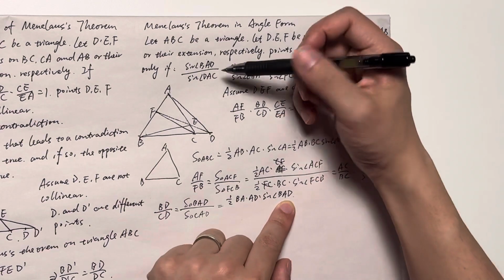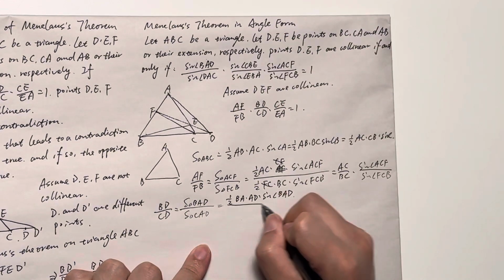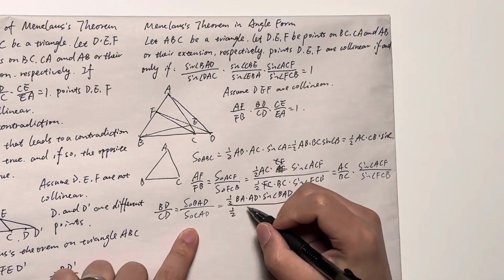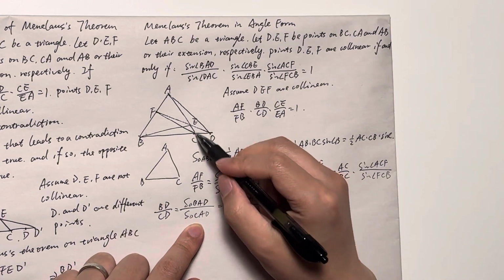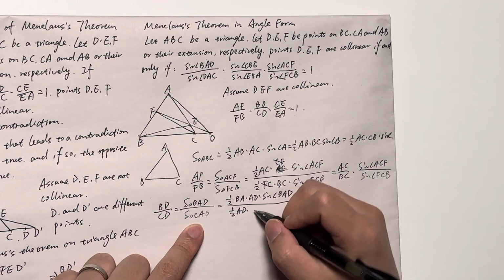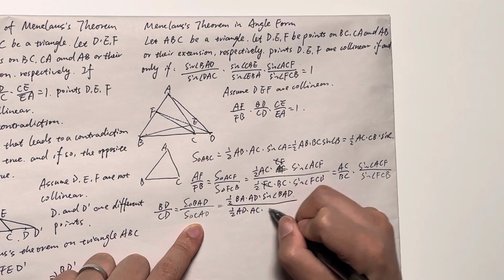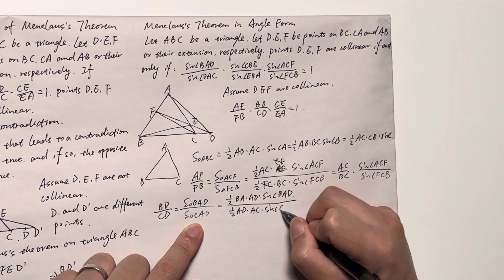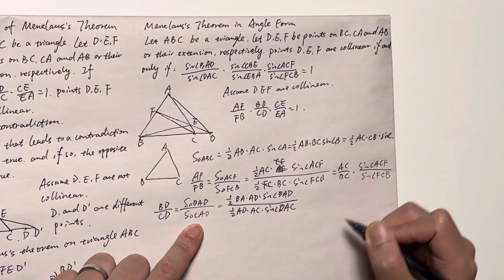Here sine BAD, divided by half AD times AC times sine angle DAC.